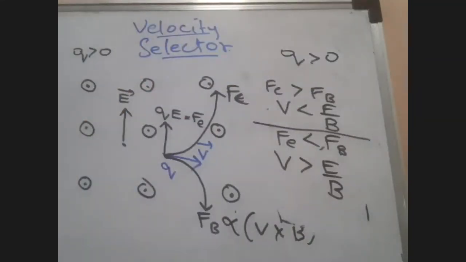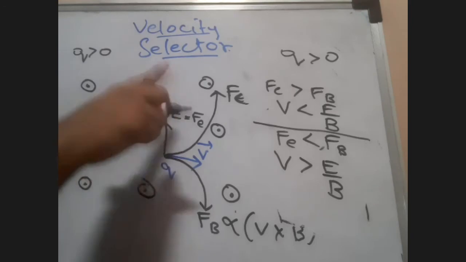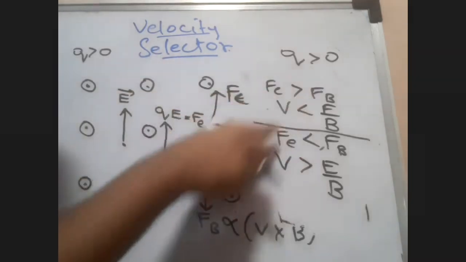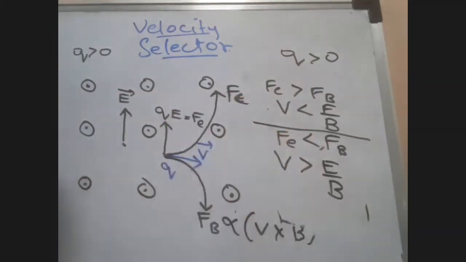But students, can I say that there can be a point when the magnetic force and the electric force need not have a smaller or greater relation? Maybe they are equal. So at that point of time, what can we say?